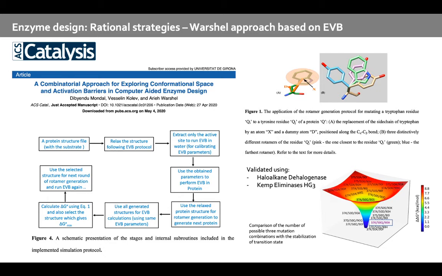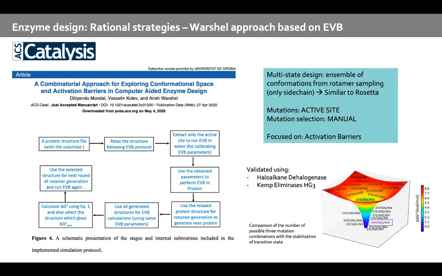In this case, they validated this approach using chemoeliminases, the AG3 chemoeliminases, and also haloalkane dehalogenases. So again, if you click, now you should be looking at the teal box.